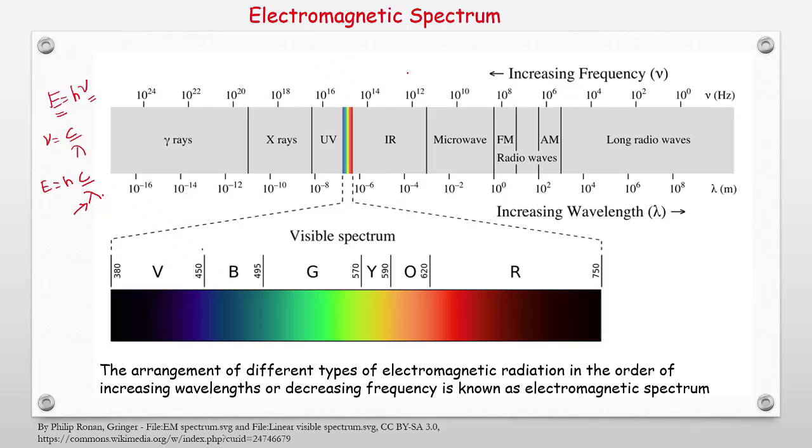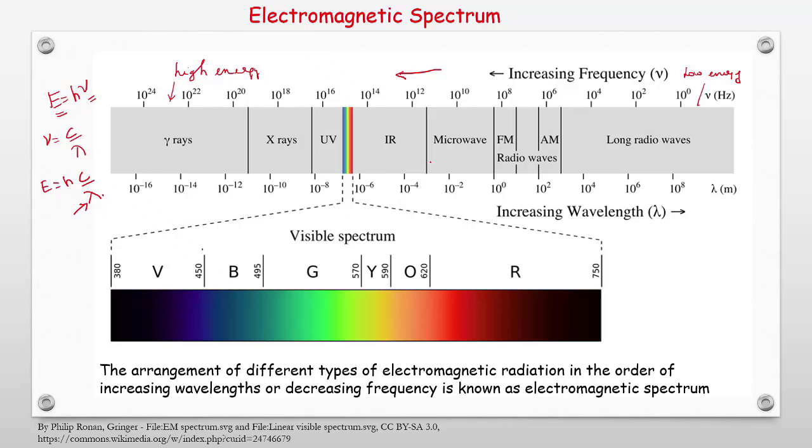So frequency is increasing in this direction. So these are high energy radiations. So gamma ray is high energy radiation and radio waves are low energy radiation. So the arrangement of the different electromagnetic radiations are gamma ray, X-ray, UV, visible, IR, microwave and radio waves.